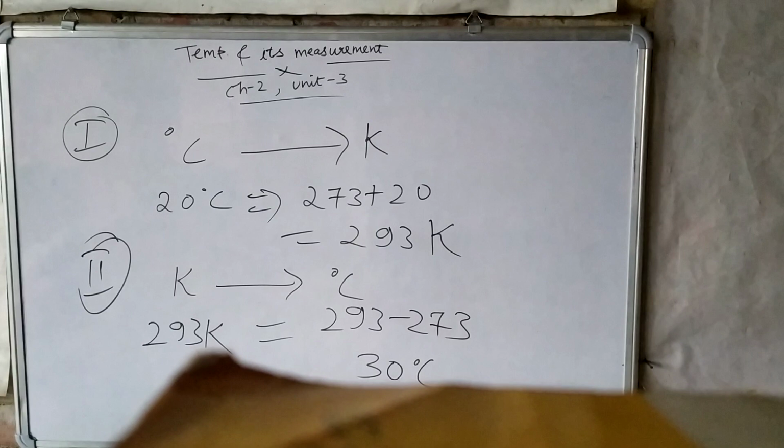The normal temperature of the body is 37 degrees Celsius. Above this, like 38 or 39, the body is suffering from fever. Below this, like 36 or 36.5, the body is a little weak.